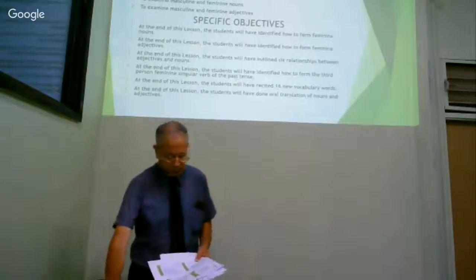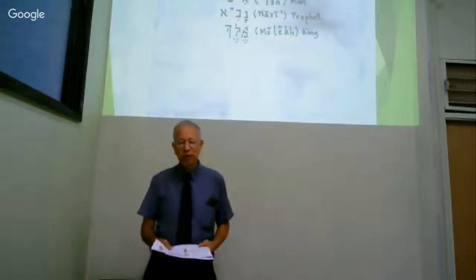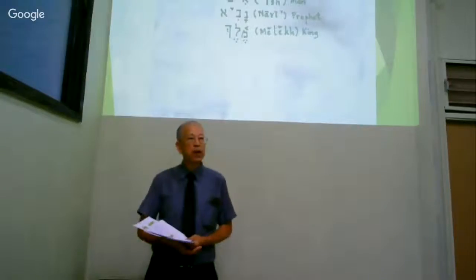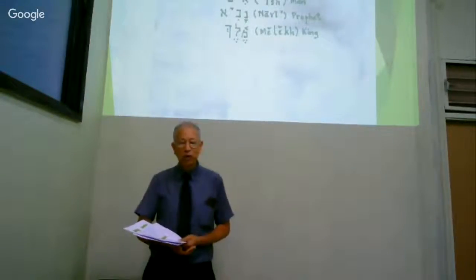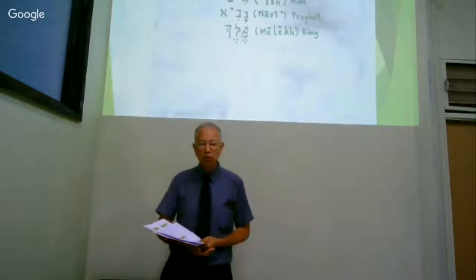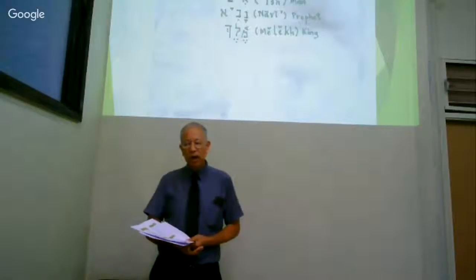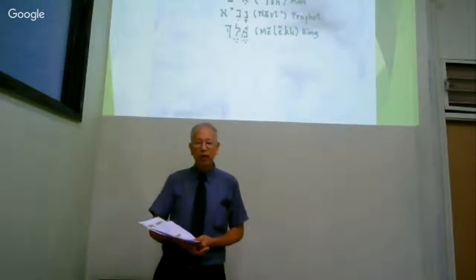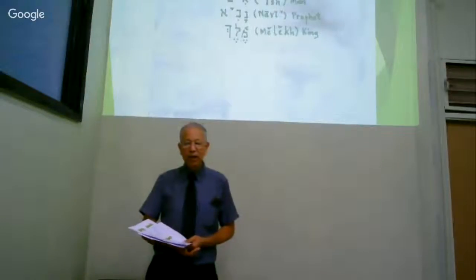And so we begin by looking at masculine nouns. There is no special ending for masculine nouns. As you can see from the different nouns, Zeus has a different ending from Ish, and Ish has a different ending from Navi, and Navi has a different ending from Melech.